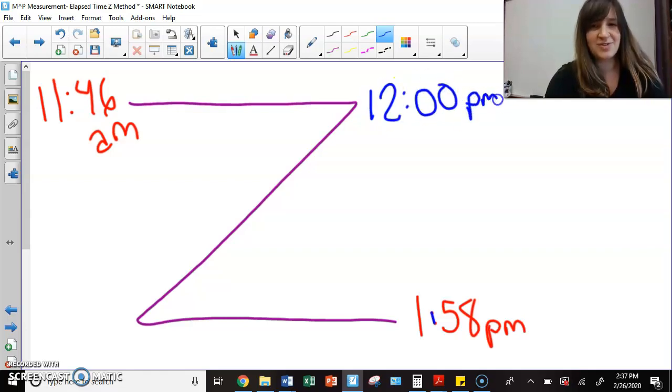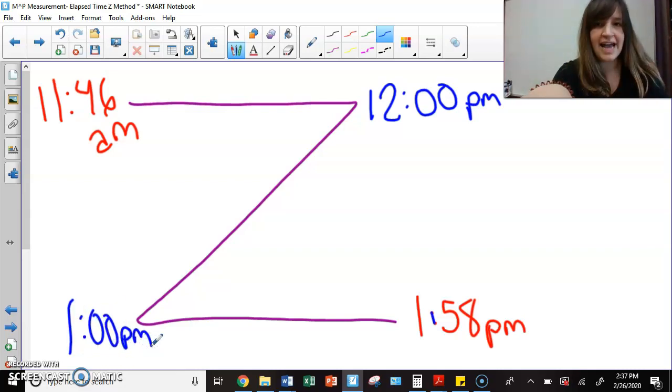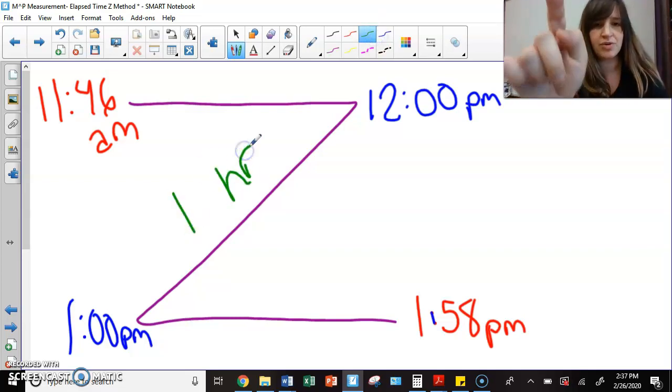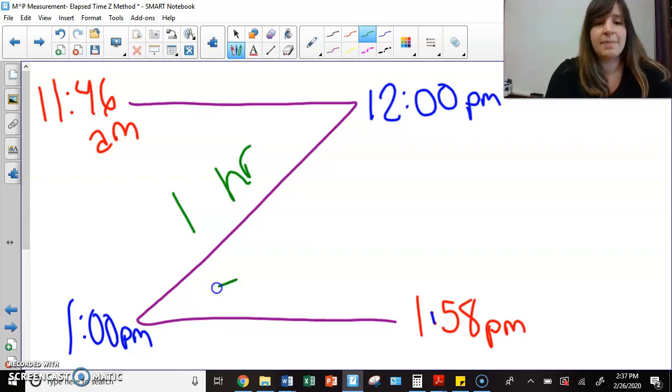And that transfers over to p.m. at that time. And then my whole hour that's before 1:58 is 1 o'clock. All right, so my hours from 12 to 1 is 1 hour. You see, it doesn't matter the order I fill in my lines, as long as I fill all 3 of them in. I know my bottom amount is 58 minutes.